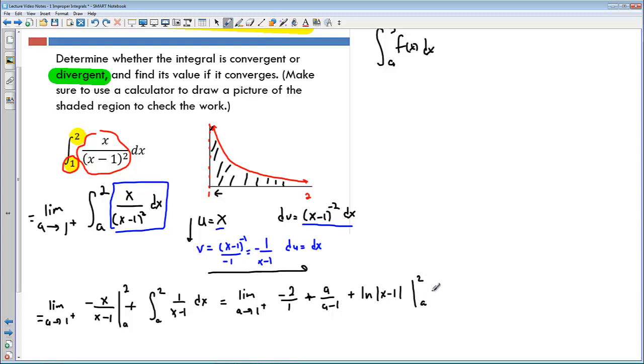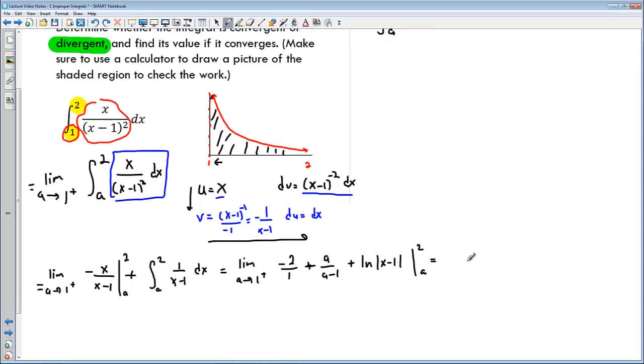And so what is that going to equal? That's going to equal the limit as a goes to 1 from the right of negative 2 plus a divided by a minus 1, and then plus an ln of 1. When you plug in 2, you get 1 out, so ln of 1, minus an ln absolute value of a minus 1.